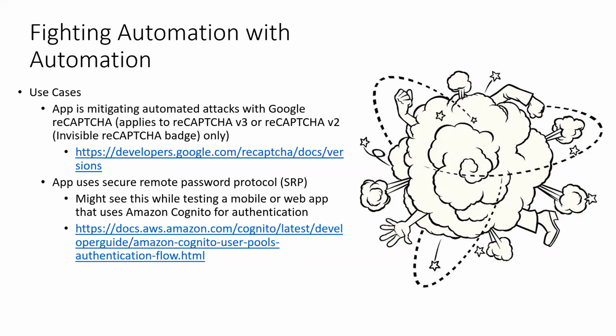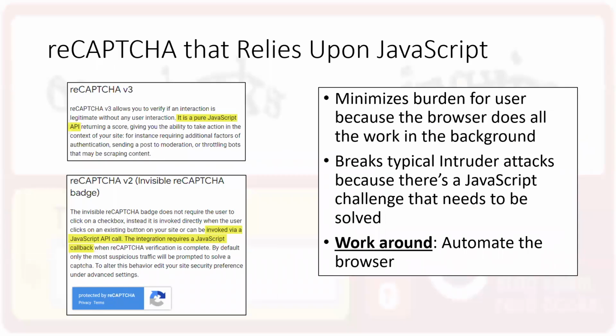Another good use case for using automation to fight automation is if you encounter Amazon Cognito for authentication in something that you're testing. One of the default protocols that it uses is Secure Remote Password Protocol, SRP, which is really complicated. We'll see that in just a second here.